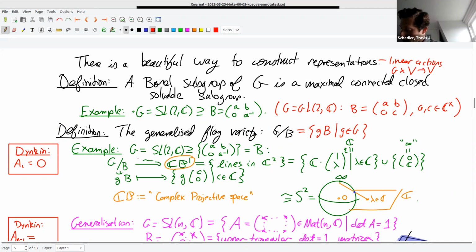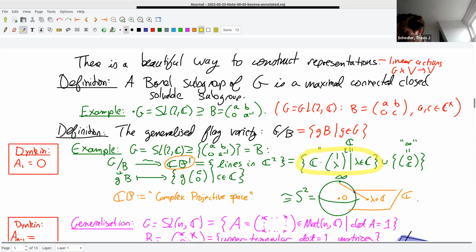We can take G equal to SL2 again, and B as we had before. And what is the coset space here? Well, I claim that the coset space is just what's called the complex projective line. That means the set of lines in C^2. So if we like, we could divide it into two subsets. This is not really a canonical operation, but we could divide it into the subset where the first coordinate is non-zero.